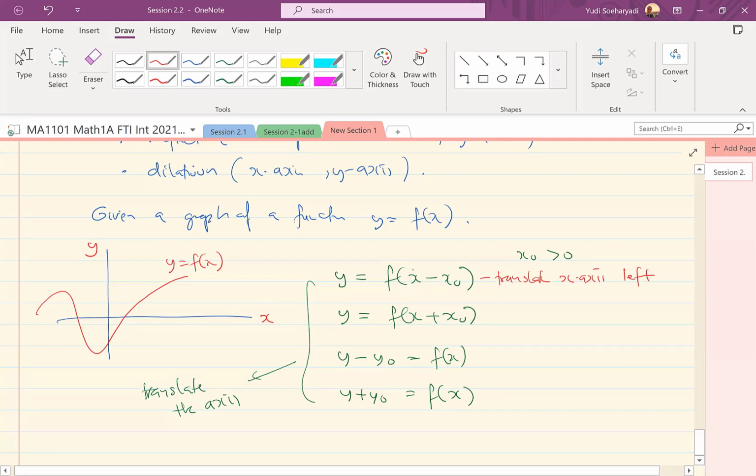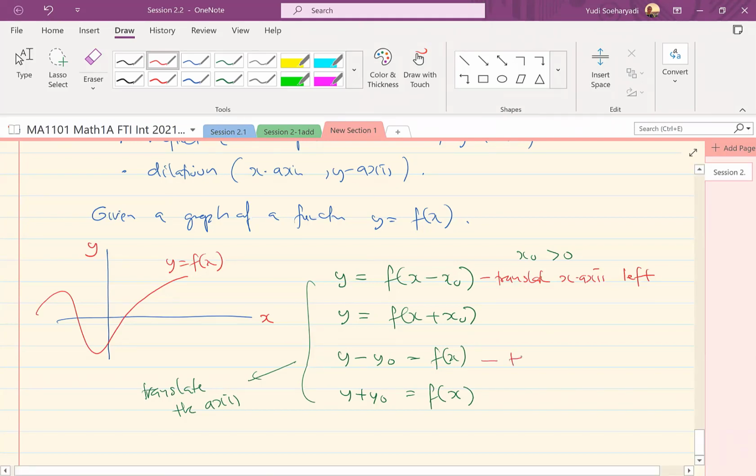Why? Because you subtract. Okay, if you translate the x-axis to the left, then the graph looks like it moves to the right. Right? The other way around.